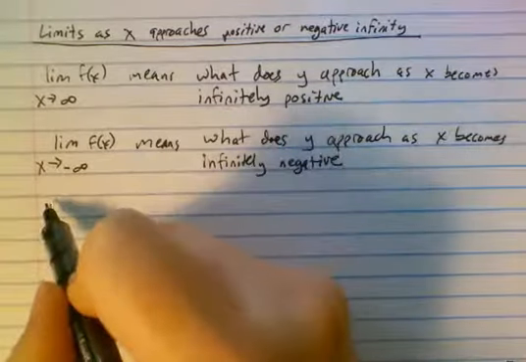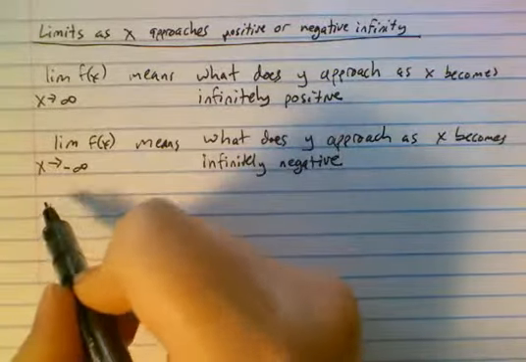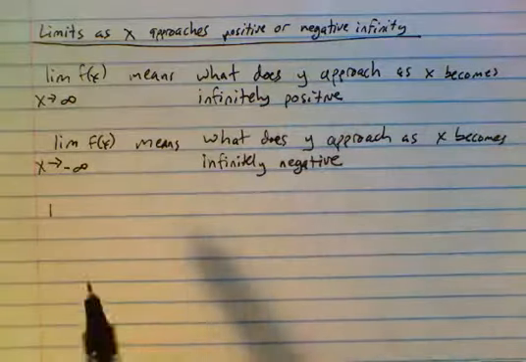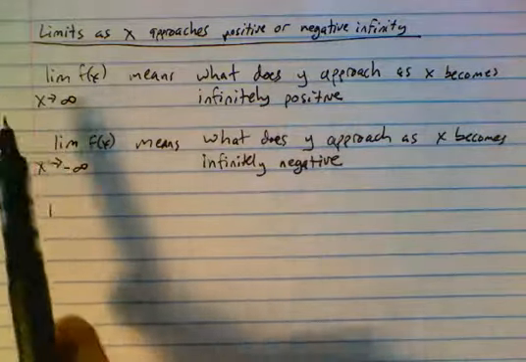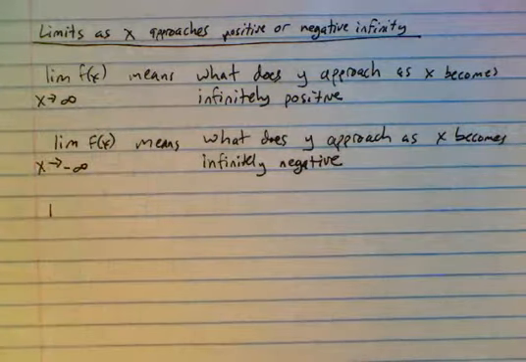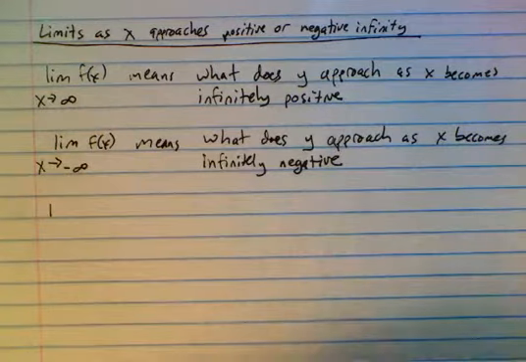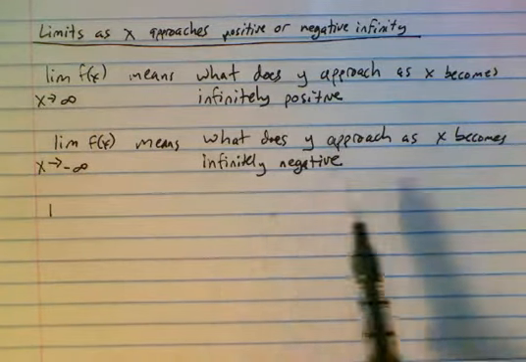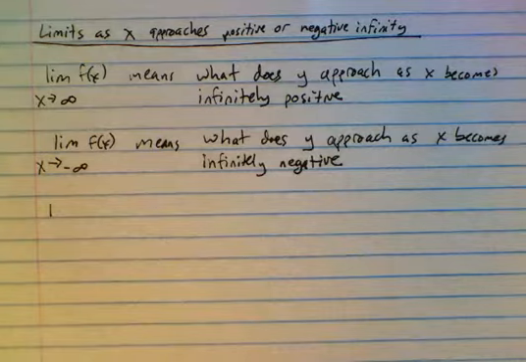These do not have left or right-hand limits because they can only be approached from one direction. If we wanted to approach positive infinity from the right, we would have to somehow get to the right of positive infinity. But the thing is, infinity goes on forever, all the way to the right forever. So it's impossible to get beyond it to somehow approach it from the right.